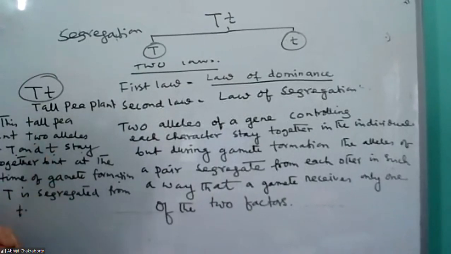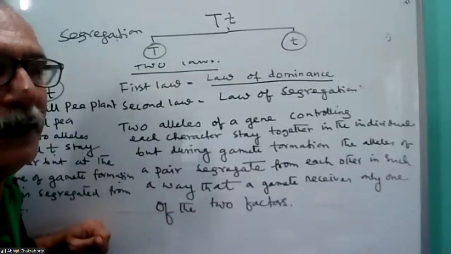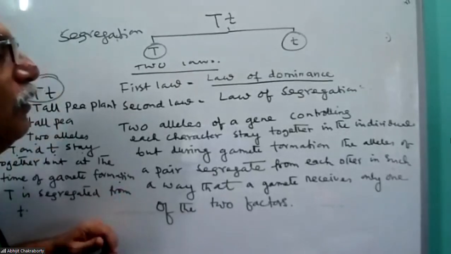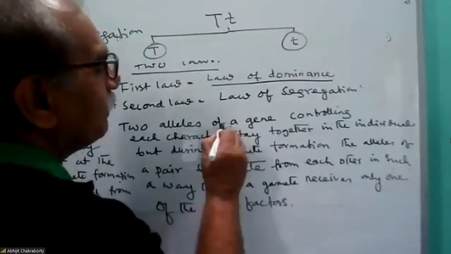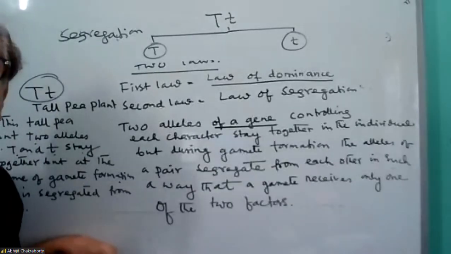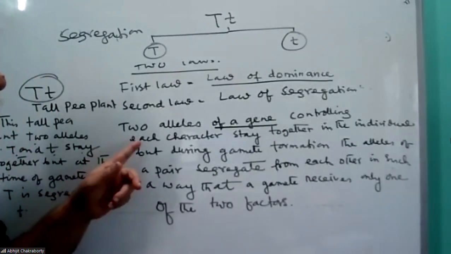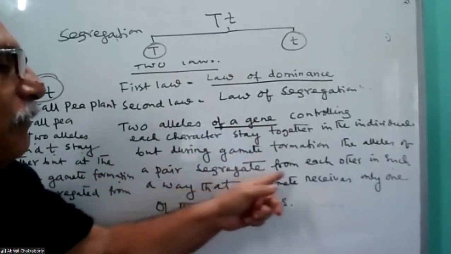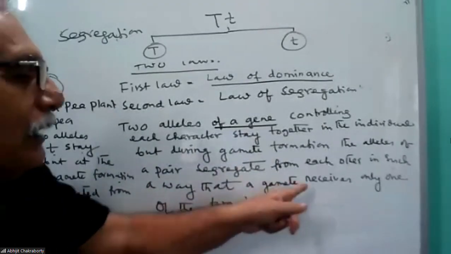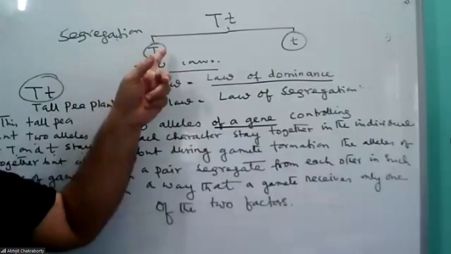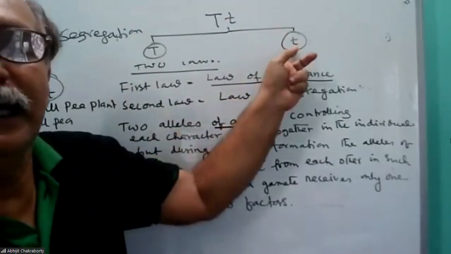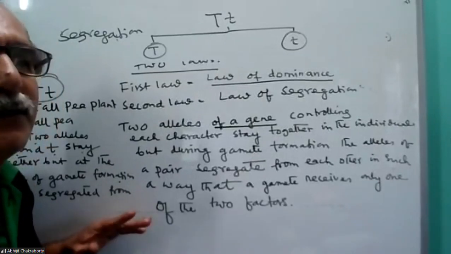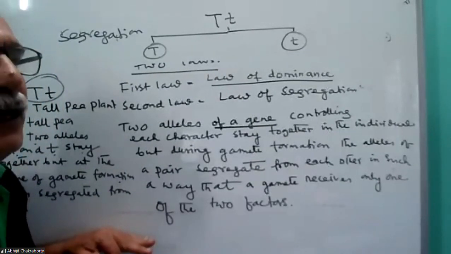The two alleles of a gene controlling stem height stay together in the individual, but during gamete formation the alleles of a pair segregate from each other in such a way that a gamete receives only one of the two factors. That is, a gamete receives either capital T or small t.